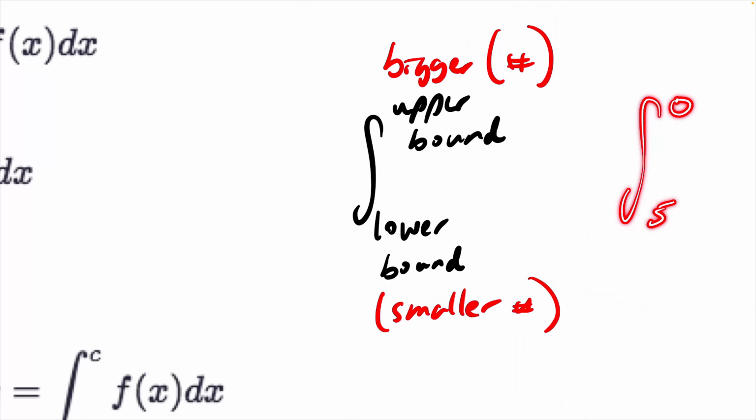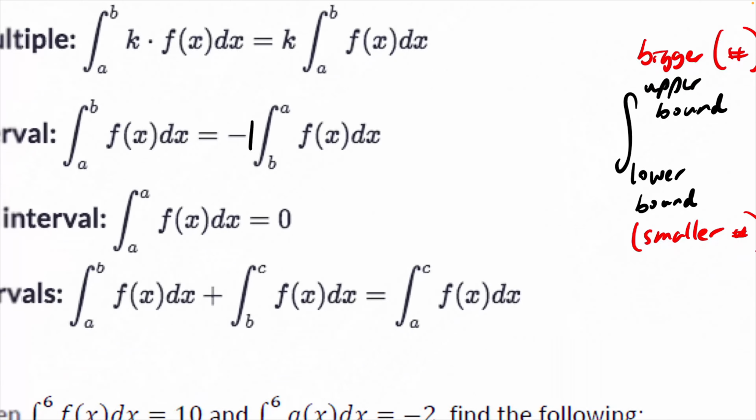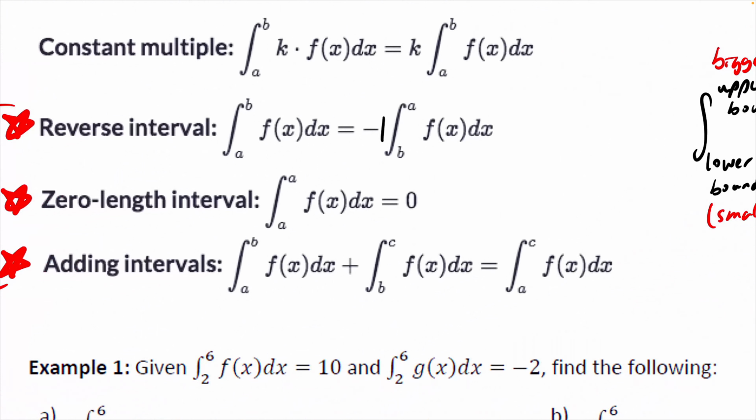Well, 5 is not the smaller number. 0 is. The bounds need to be reversed. And you can do that. Before we do anything, we have to do that. How do you do that? You do what's called the reverse interval. You put a -1 in front. You can flip the bounds as long as you put a -1 or a negative in front. Then you can flip them.